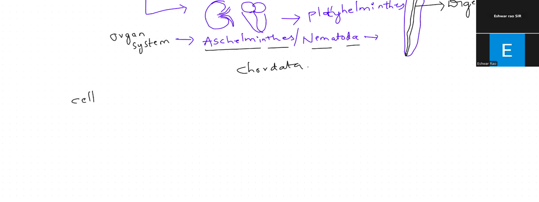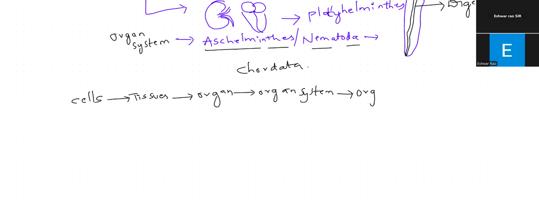Cells combine to form tissues, tissues combine to form organs, organs combine to form organ systems, and organs with different types of organ systems form an organism.